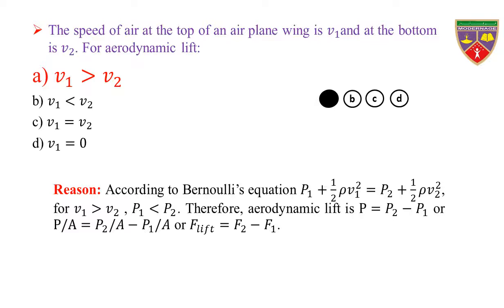Therefore, it is the definition of the force, P divided by A. So aerodynamic lift is a force. F for lift is equal to F2 minus F1. Hence, for aerodynamic lift, V1 should be greater than V2.